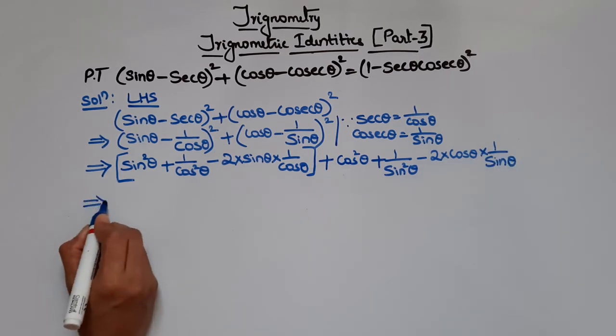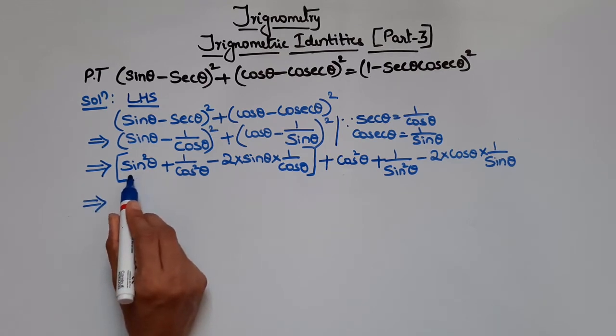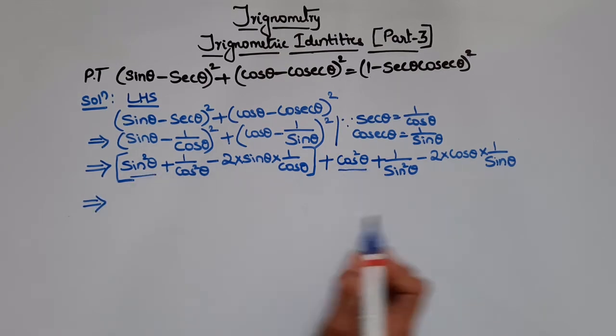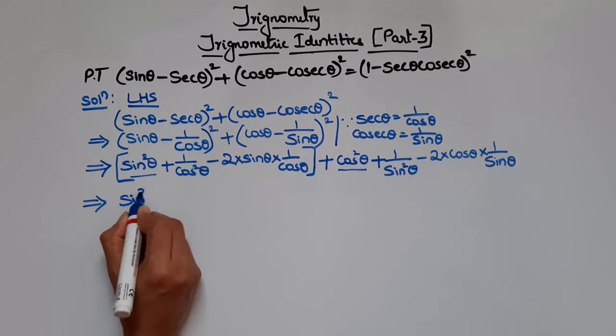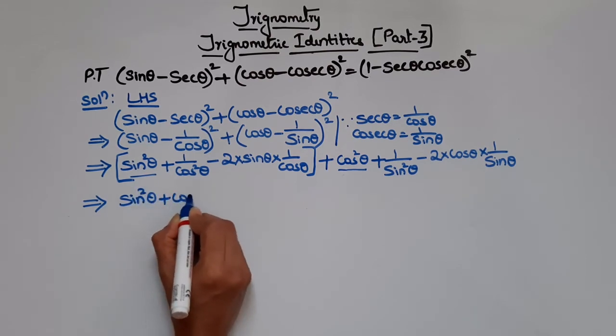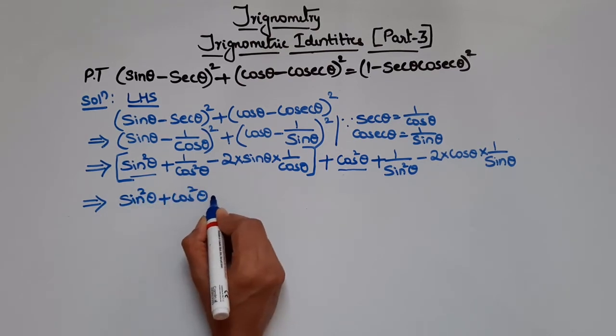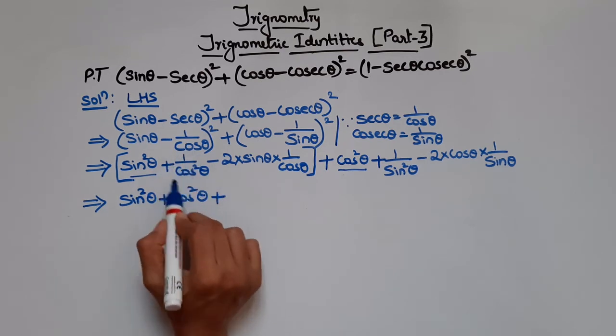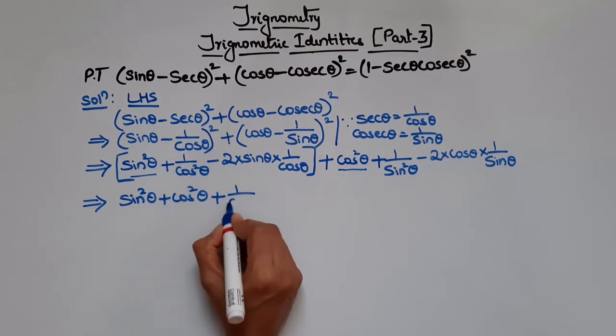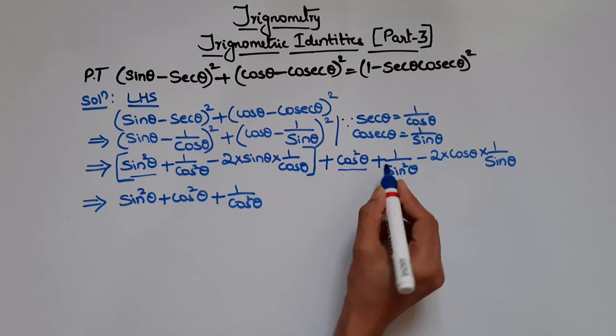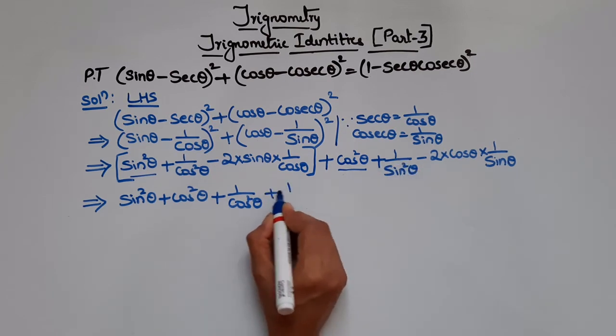So this implies, now let's group the terms. Sin square theta plus cos square theta we'll write first. So sin square theta plus cos square theta plus, now let's write this term 1 by cos square theta plus 1 by sin square theta.